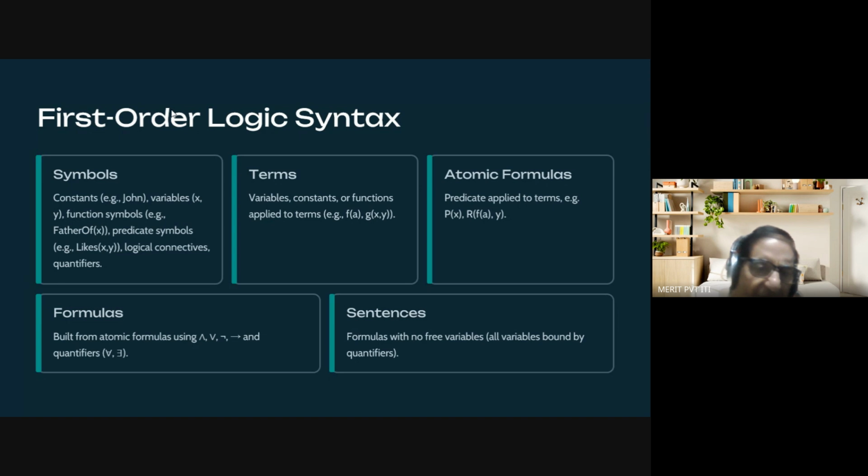So we form from the atomic formula using and, or, not, implies, and the general, that is, universal and existential quantifiers. Sentences are formulas with no free variables, all variables bound by quantifiers. So this is the basic concept of the basic syntax of first order logic. Is it clear?